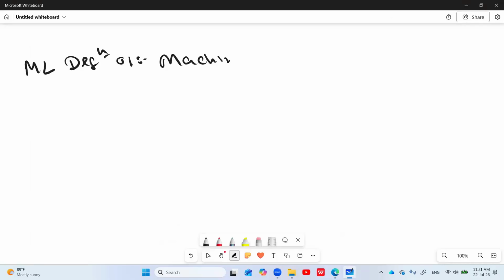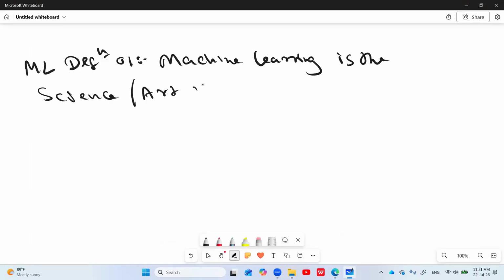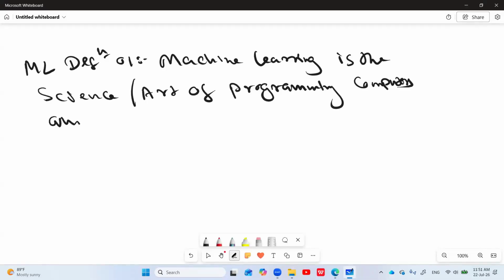Machine learning is the science or art of programming computers so they can learn from data.